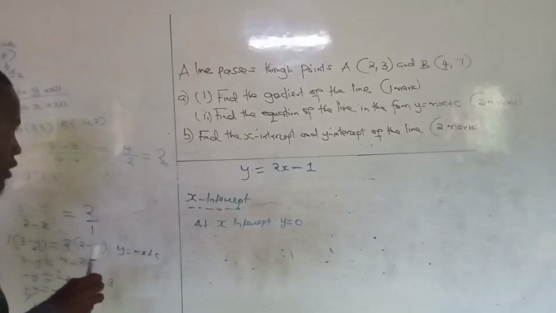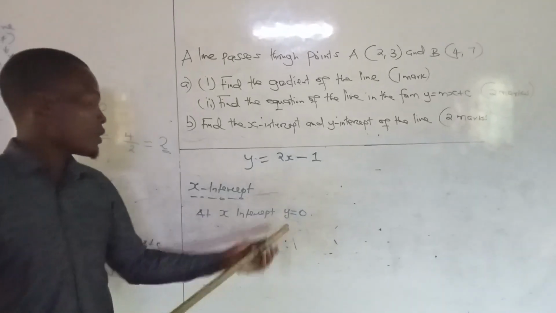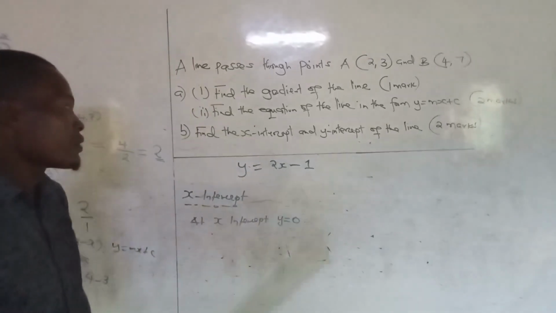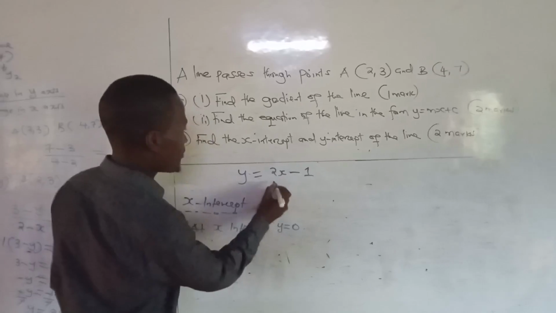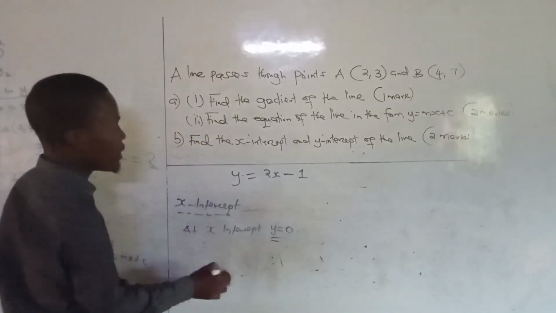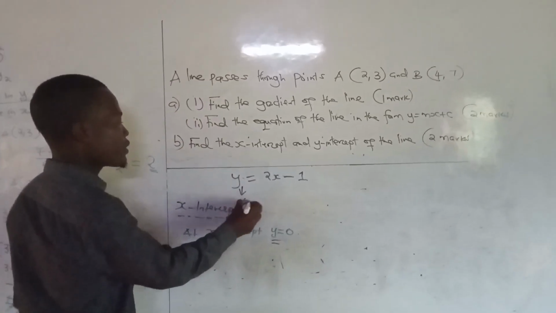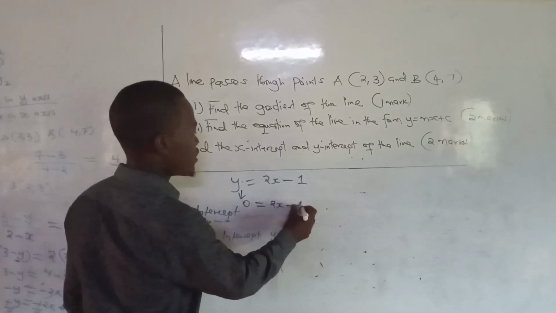So that means that when you come to a question, you simply substitute the value of y with a 0. Then we have the answer right there. So here, where there is y, we substitute with a 0. So that means that this one is going to be 0 is equal to 2x minus 1.